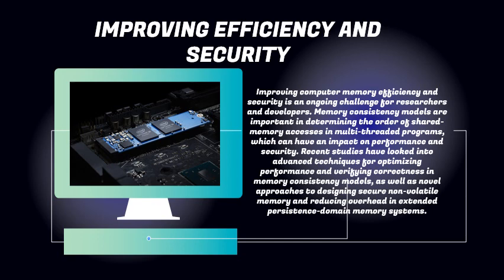Recently, research has focused on innovative strategies for ensuring correctness and optimizing performance in memory consistency models. Additionally, novel methods have been explored to design secure non-volatile memory and reduce overhead in extended persistence domain memory systems.